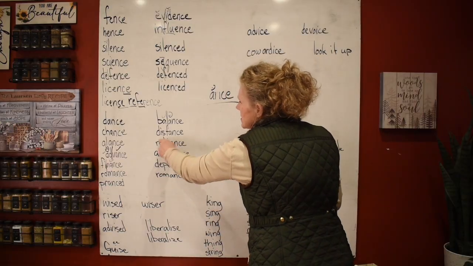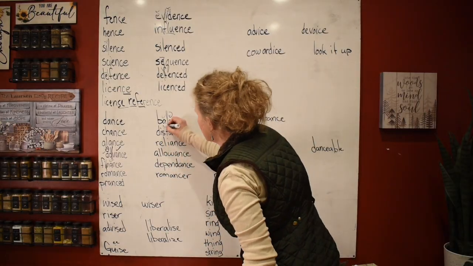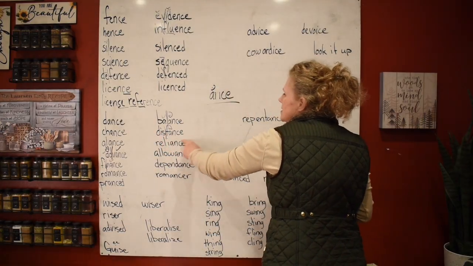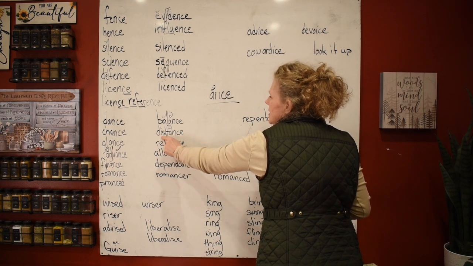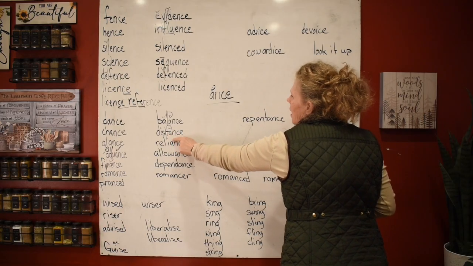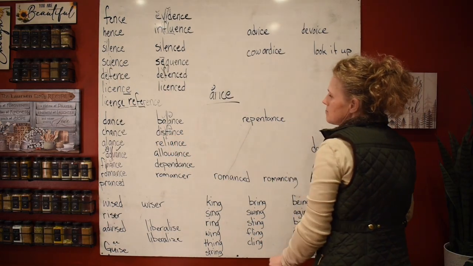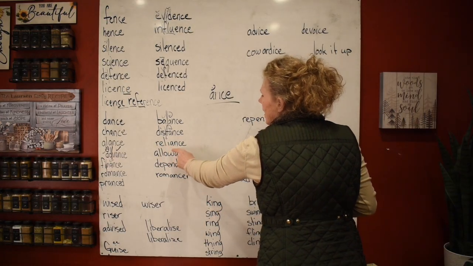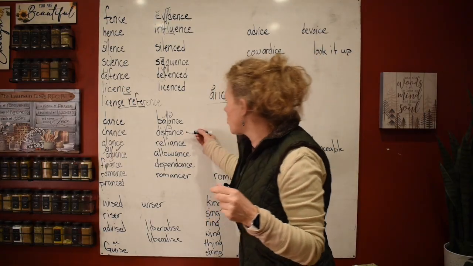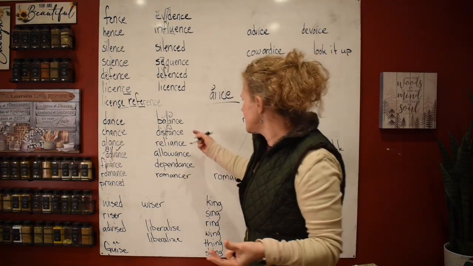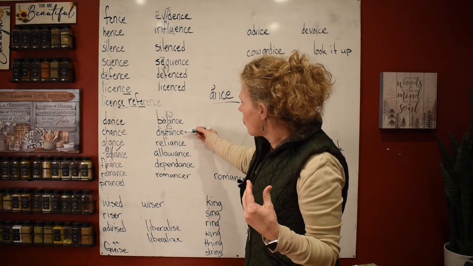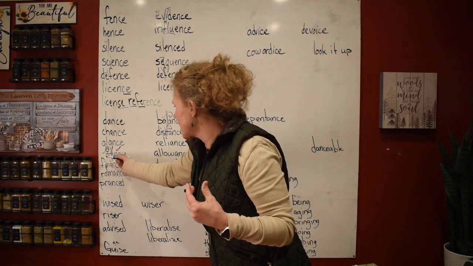So distance. See? This is the accented syllable. It's turning to schwa. Distance. Dis, and then ence. Distance. Reliance. Now, in a two-syllable word, it's more difficult to see if it's going to say ence or if it's going to say ance, like advance.